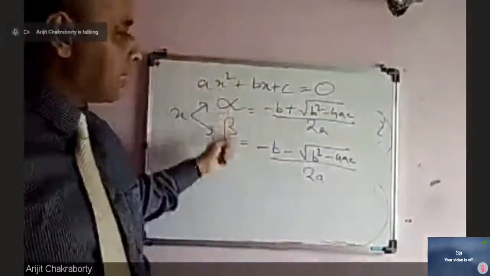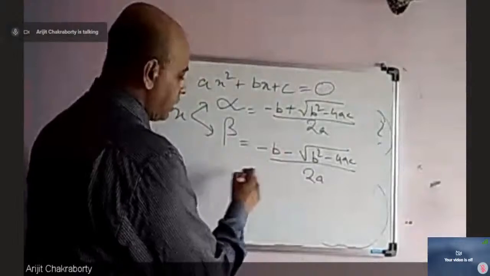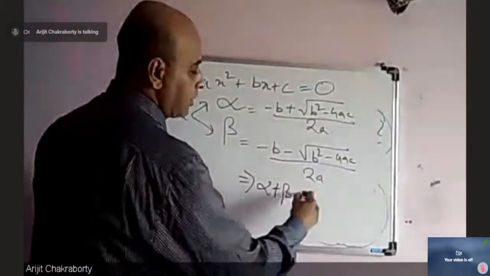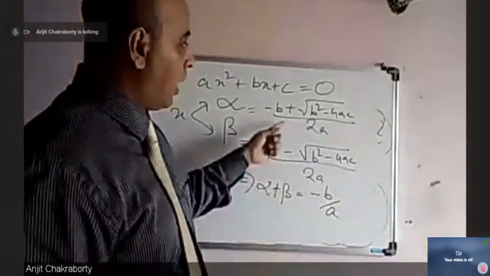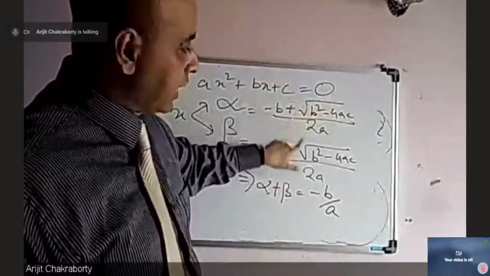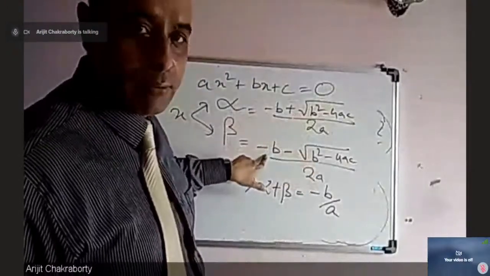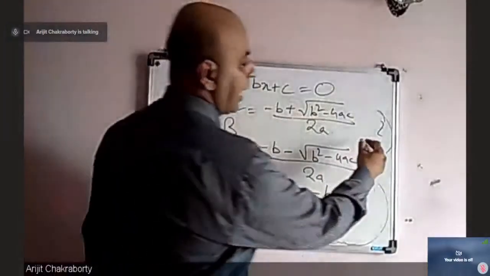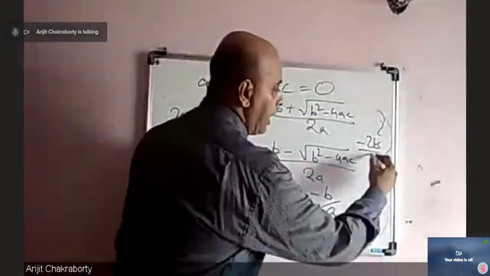So if you add alpha and beta, you can do it yourself, you will find alpha plus beta will give you minus b by a. Why? Because this square root of b square minus 4ac will get cancelled with this. This minus b will remain. This minus b will remain. So in the numerator you will have minus 2b, and in the denominator you will have 2a.